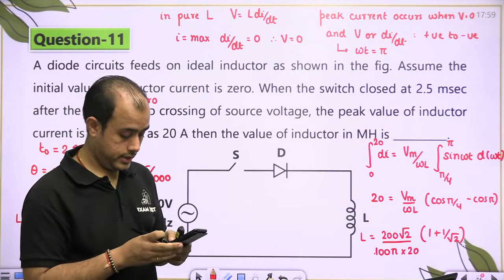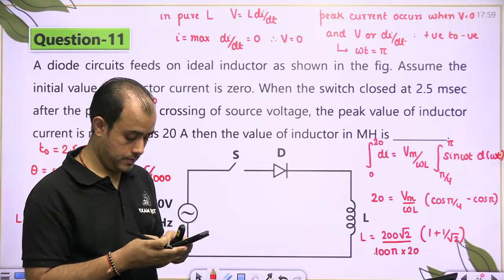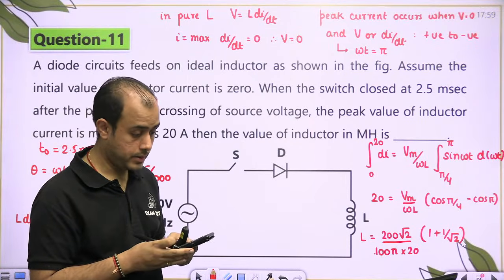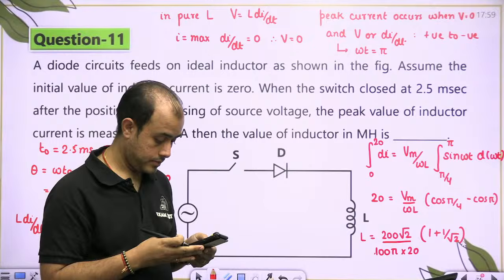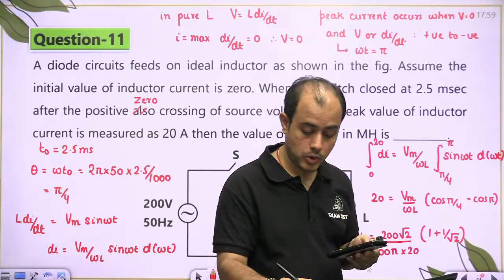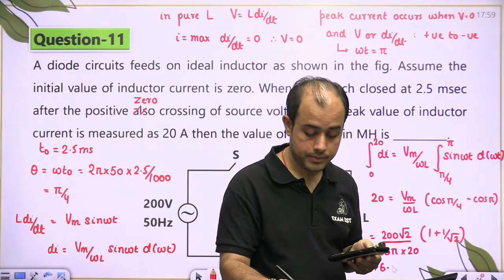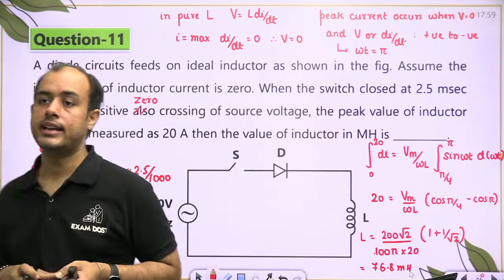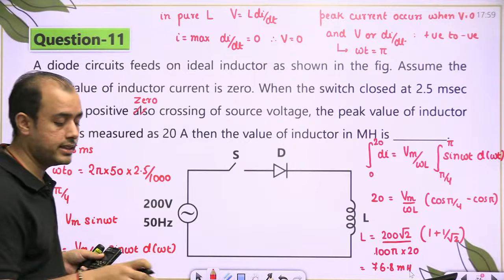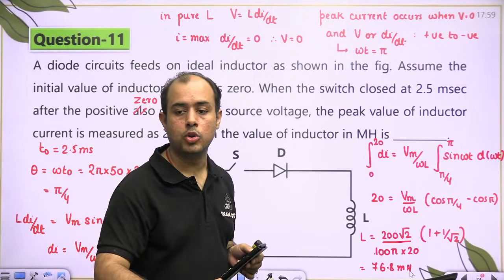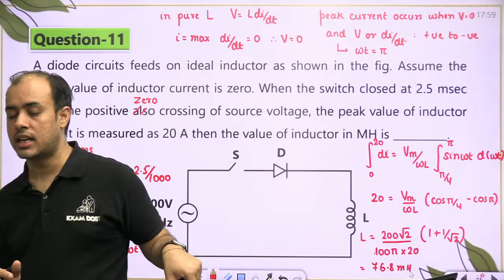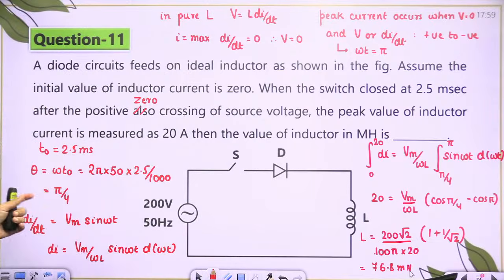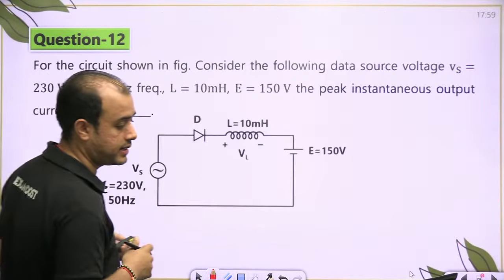So 200 into root 2 plus 1 divided by 2000 pi. 76.8 millihenry. Okay, 76.8 millihenry. समझे? जो टाइम दिया है ना स्विच क्लोज करने का, वहां से कंडक्शन स्टार्ट होगा. तो कंडक्शन विल स्टार्ट एट 2.5 millisecond.